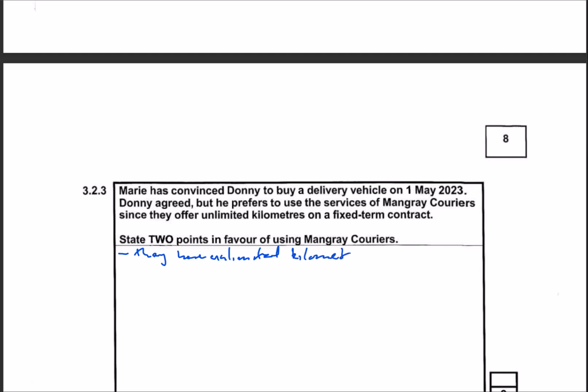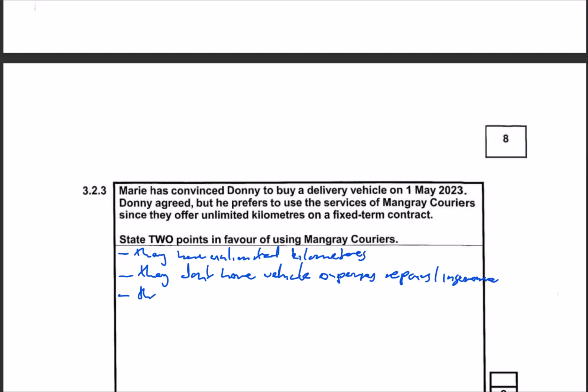That's number one. Number two, they don't have vehicle expenses such as repairs, insurance, and other things like fuel and everything. They don't incur all those.